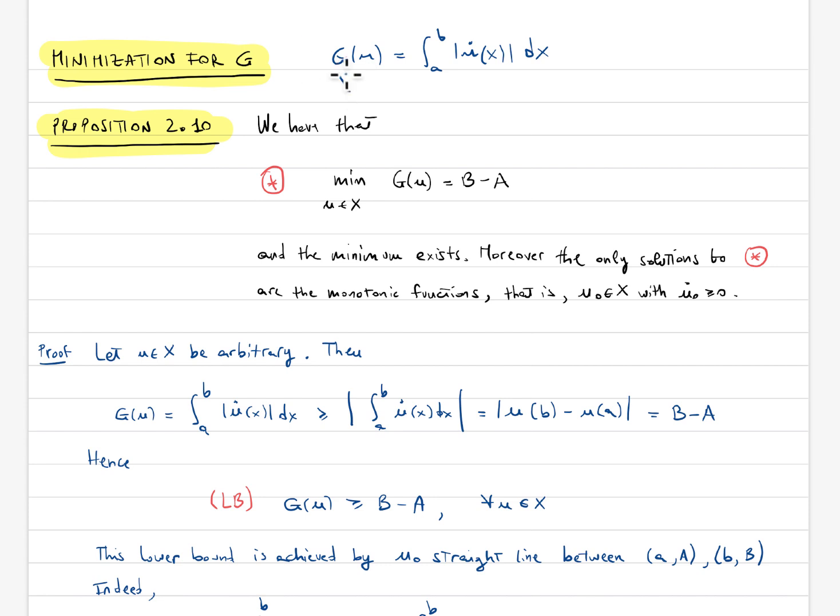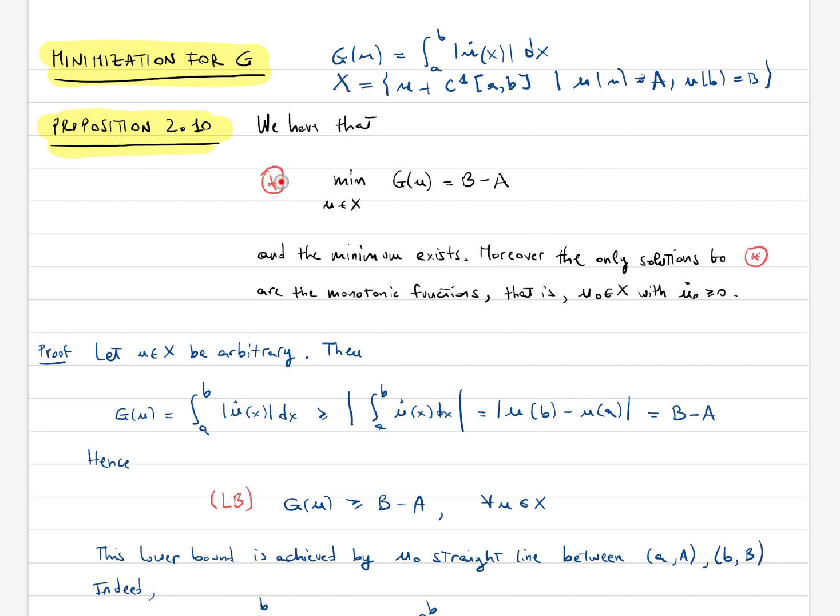So let's also recall that X is the set of C1 functions such that u of a is A and u of b is equal to B. So this minimum is just the difference between these two extreme points, and in particular the minimum exists.